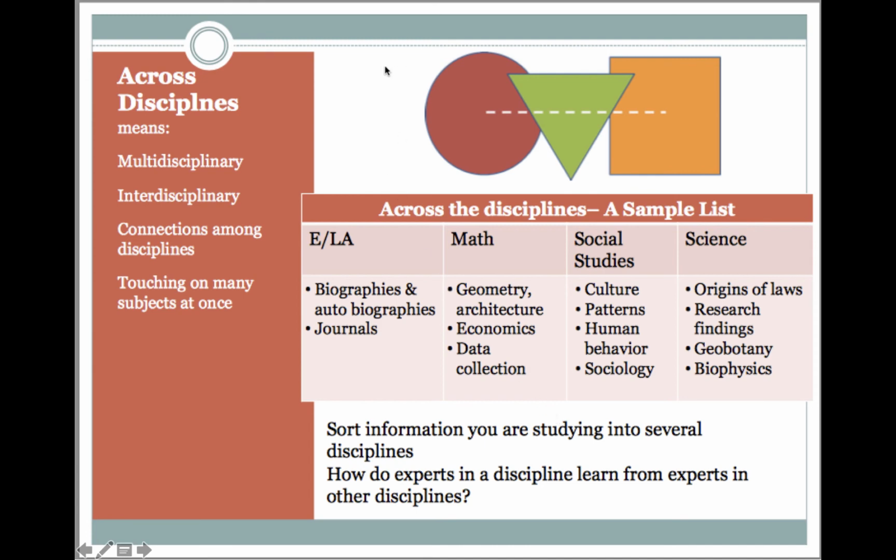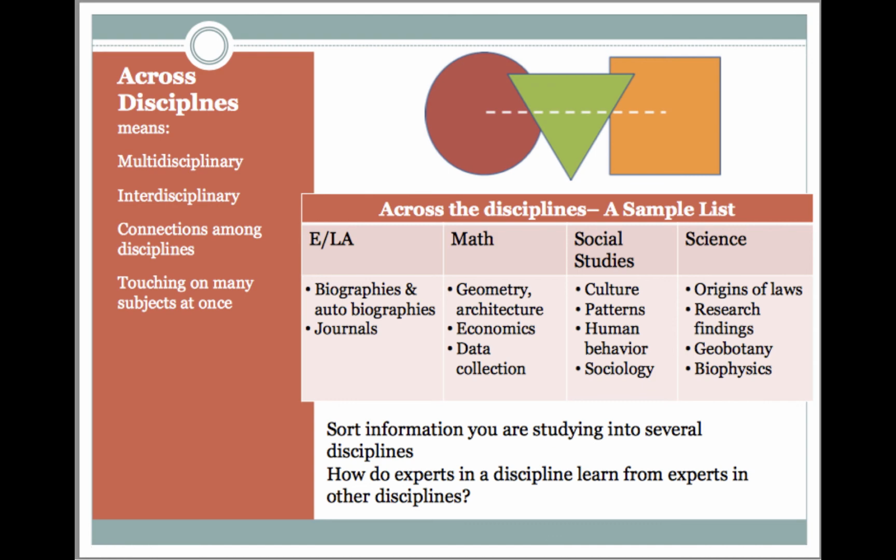And then finally, we have the last icon, which is across disciplines. This one is a transdisciplinary approach, which is really, really nice. You can have students sort information that they're studying into several disciplines, or you can ask them, how do experts in a discipline learn from experts in other disciplines?